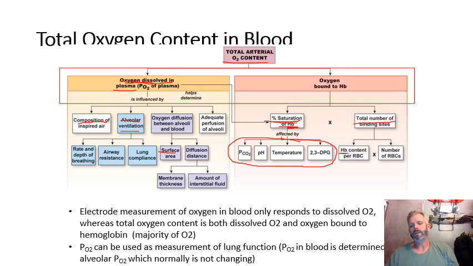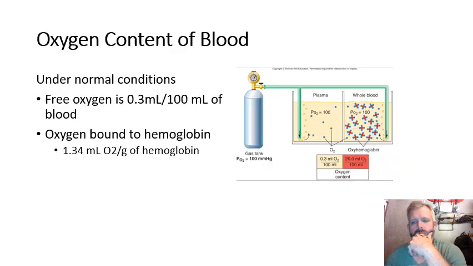But the takeaway here is very little oxygen is dissolved in blood. Most of our oxygen is going to travel through the blood bound to hemoglobin. This is where the bulk of our oxygen is found in our blood. So here's a good rendition showing you where oxygen lies in the blood.